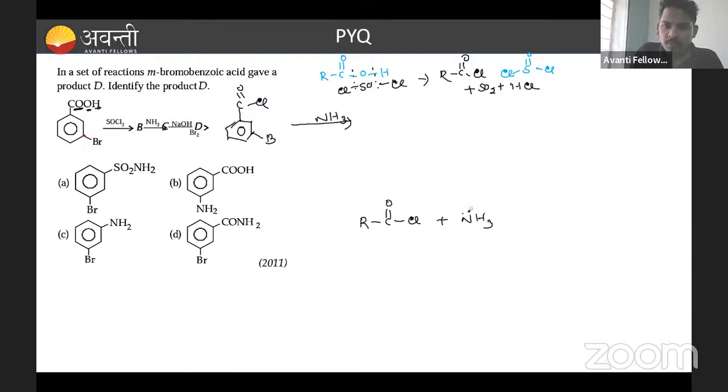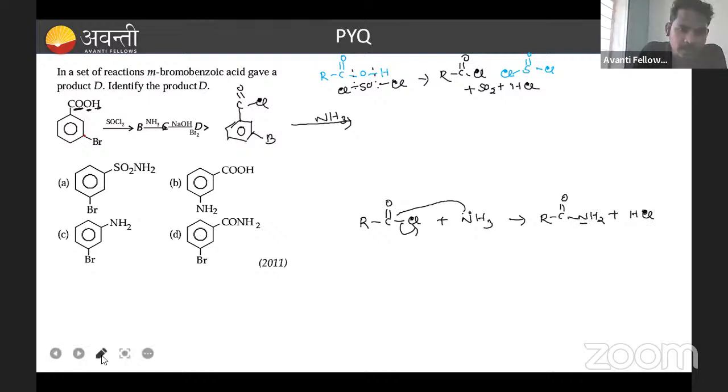The lone pair of the ammonia attacks and the chloride leaves, so we'll have RCO and here we have NH2 plus HCl. Okay, because nitrogen can form only three bonds. So here we will get this one.